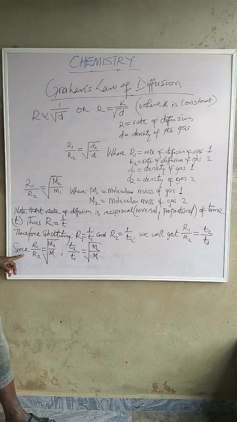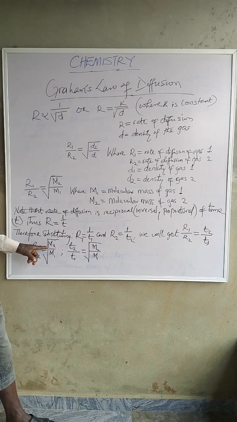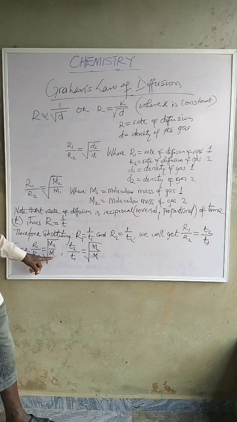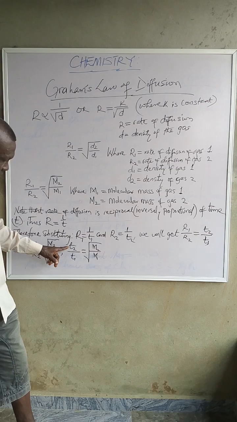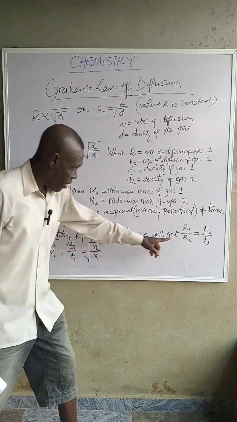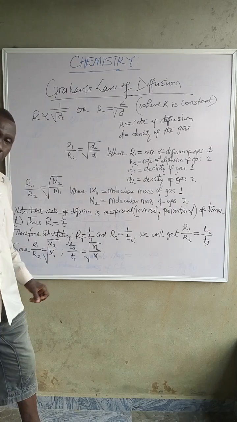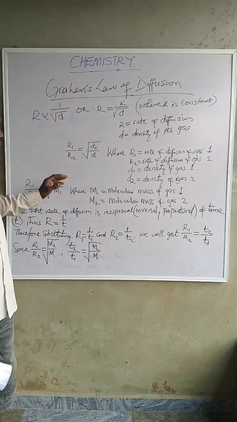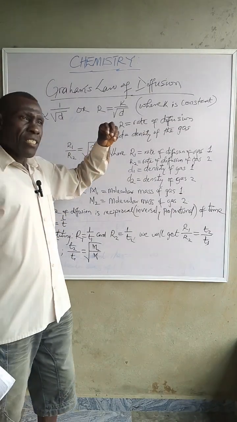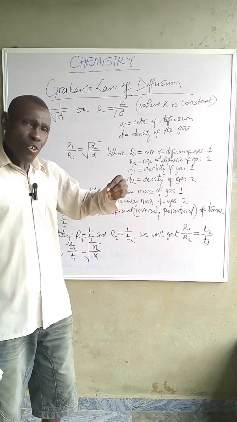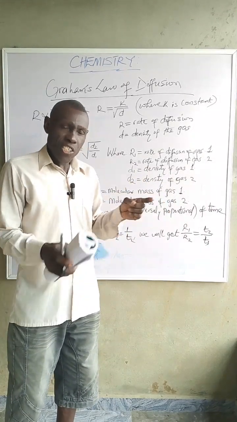So since R1 over R2 is equal to the square root of M2 over M1, it means that T2 over T1, which we have here, is equal to what? The square root of M2 over M1.